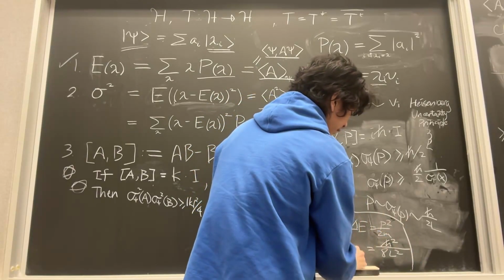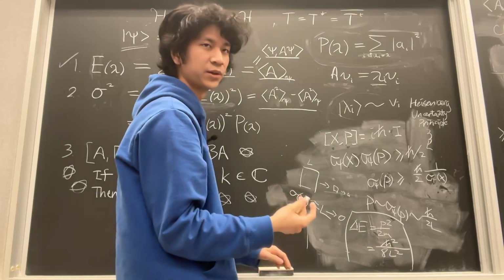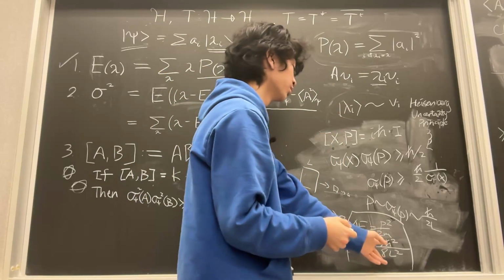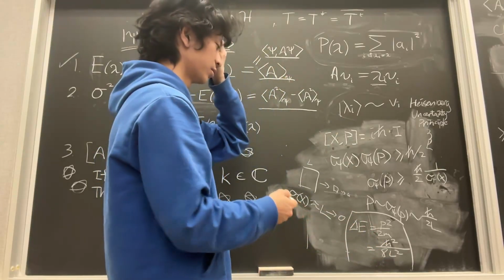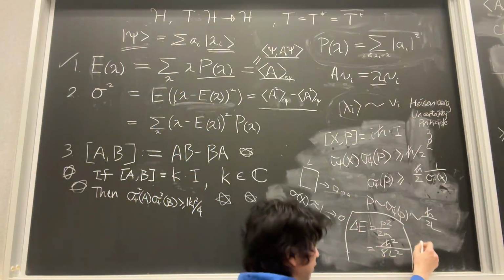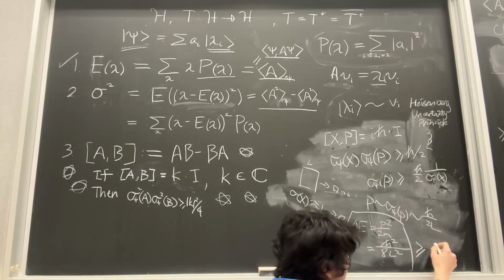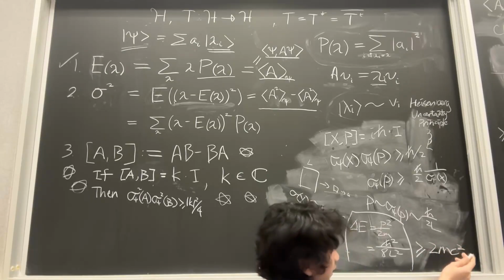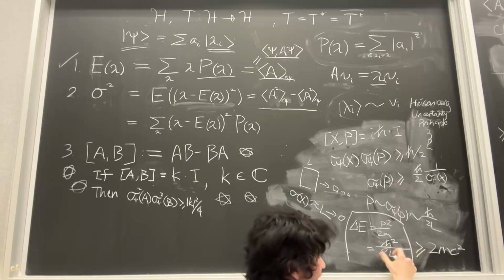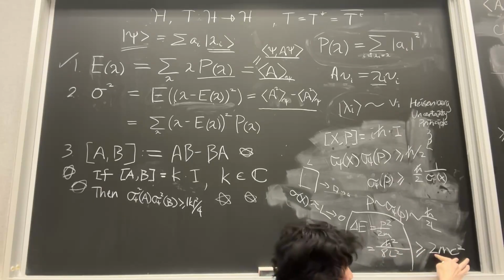At some point, this energy is going to go higher and higher, even though not necessarily just from this formula, because you need relativistic corrections. So at some point, it's going to be larger than or equal to like 2mc squared, which means that it has enough energy to create particles.